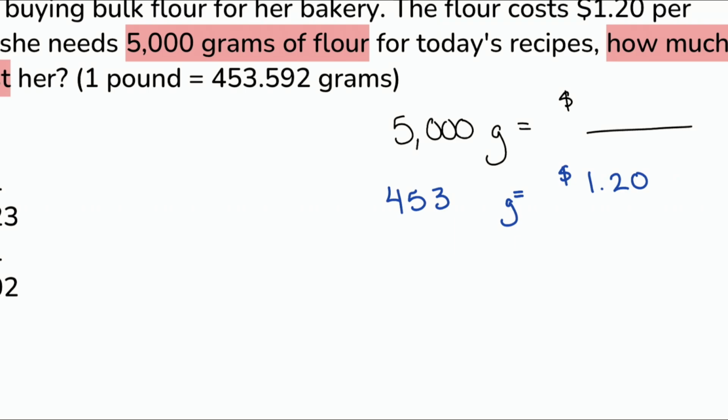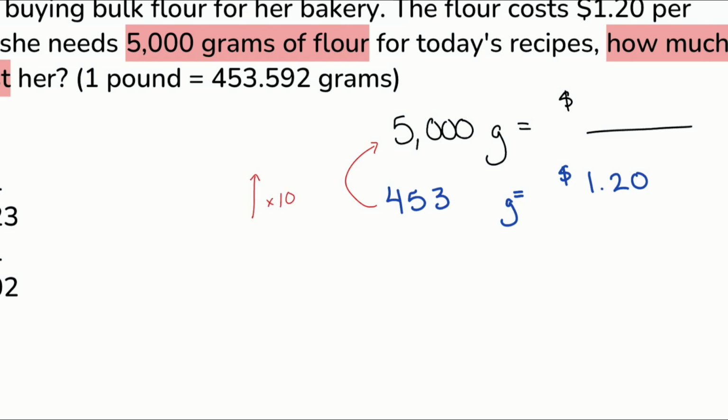But right here, just check this out. If 453 grams is $1.20, what are we scaling up here? Because this could be times 10 or over times 10 for sure, right? This is more than times 10 if we think about going from the 453 grams to 5,000. That is over a times 10 relationship. It's more than times 11.